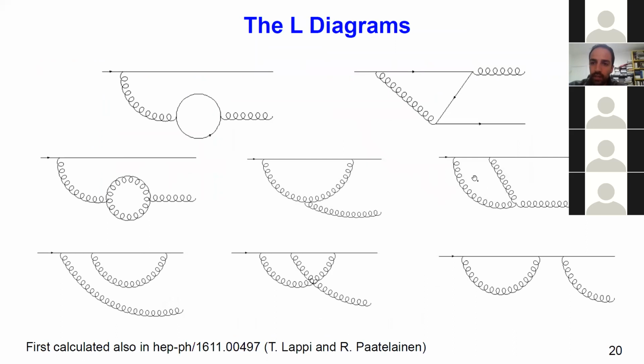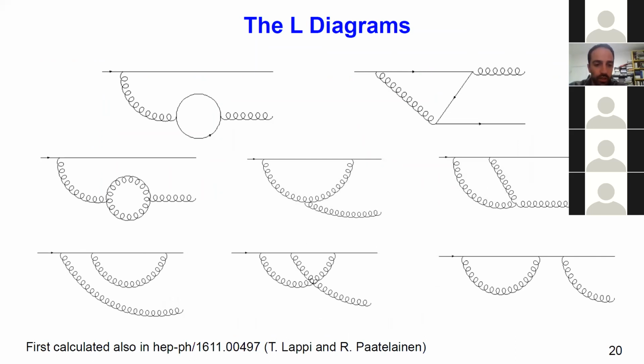Now the most complicated part of the virtual contributions are of course the L diagrams. And these contributions have already been calculated before us by Thomas Lappi and Risto Paatelainen, and unfortunately, their calculation contained some errors, and we knew that because there was a power law divergence in their calculation.